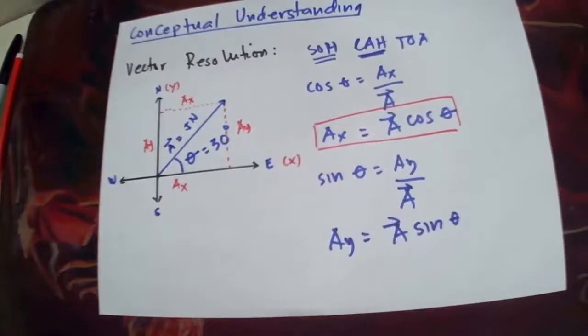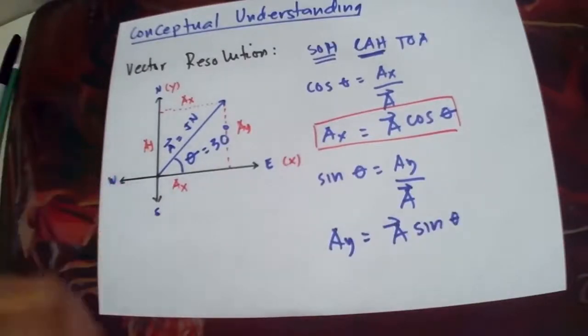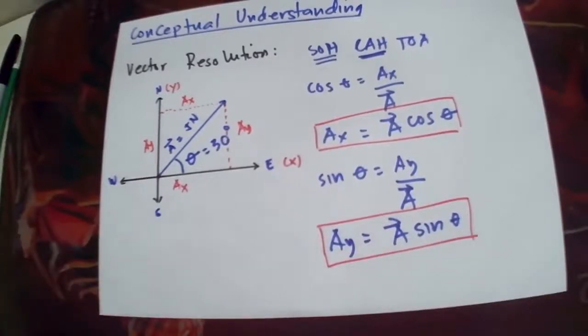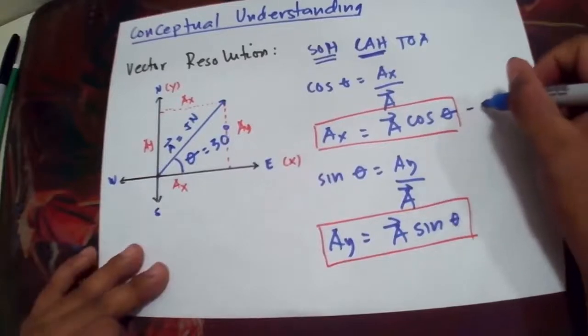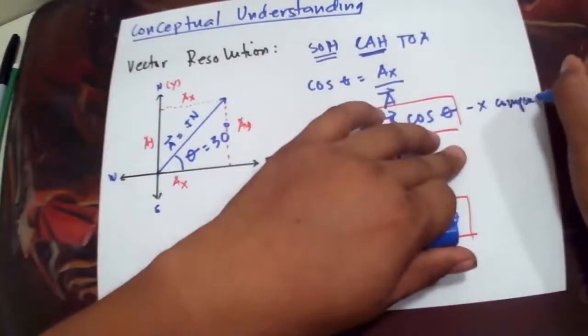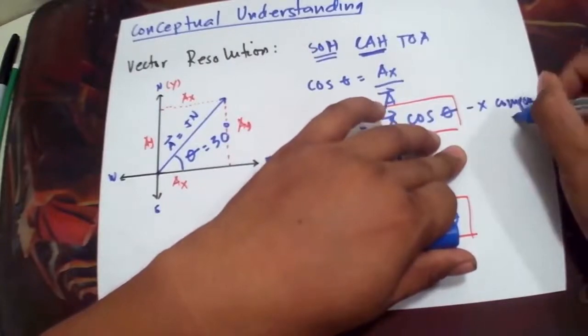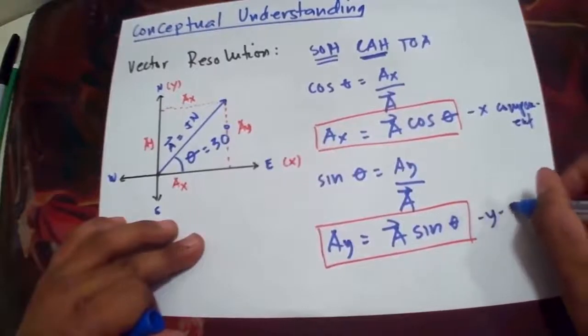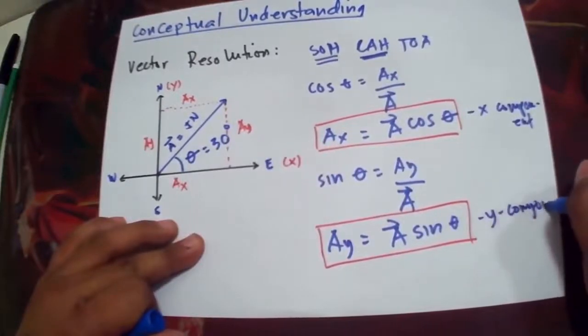Now, this will be our y component for this vector. So, we will label this one as the x component, and this one is our y component.